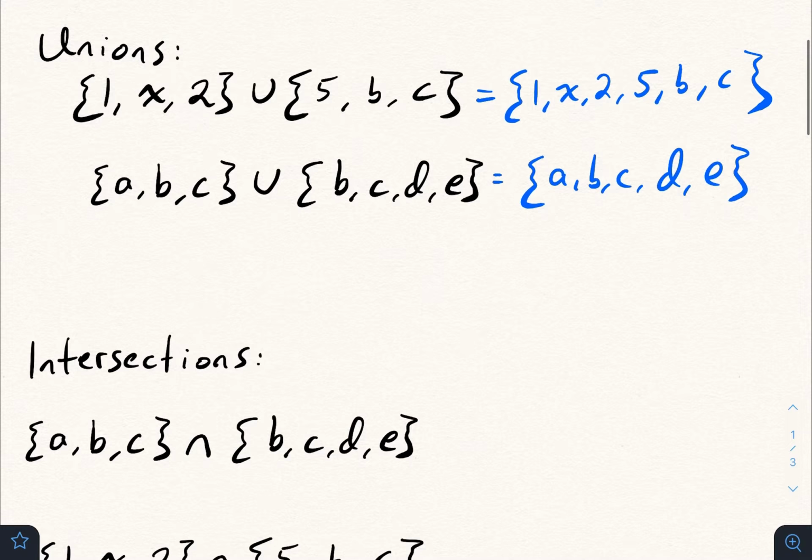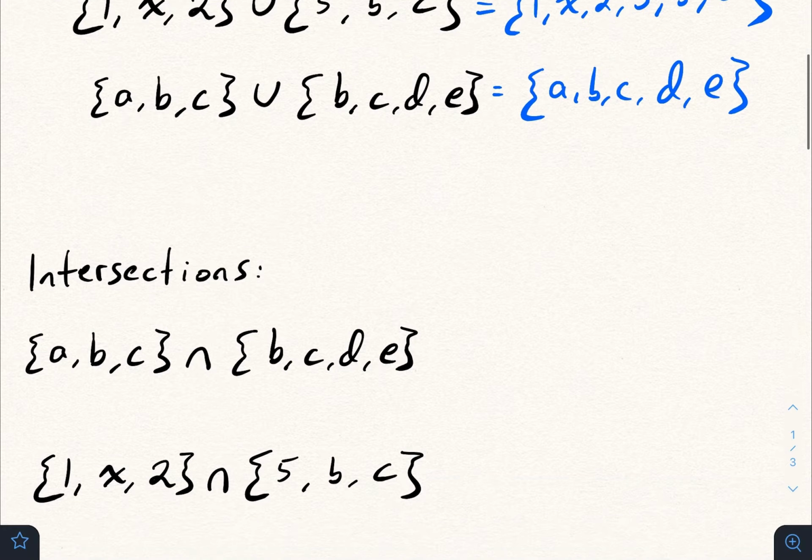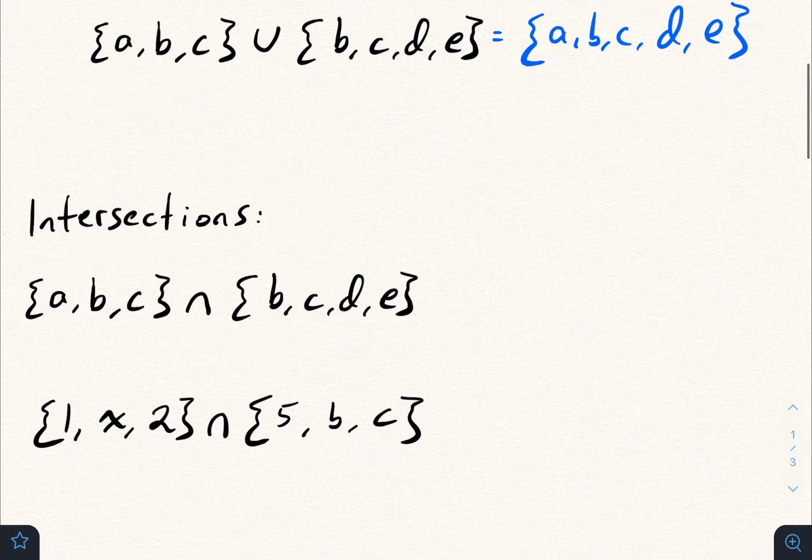If you want to look at intersections, that's the next operation that most people see. You would basically just look at what elements appear in both sets. So with unions, you have to pay attention to repeat elements, and intersection is really just asking what are those repeat elements.